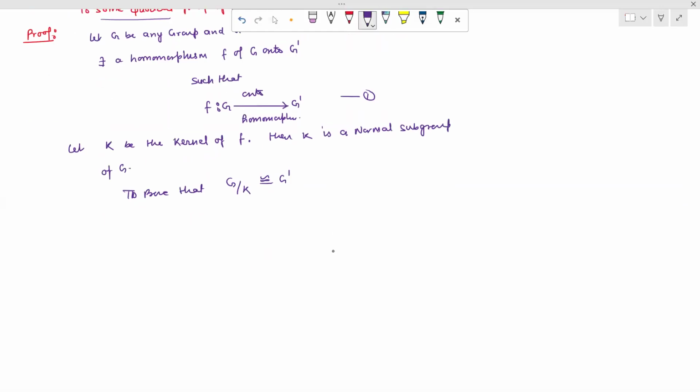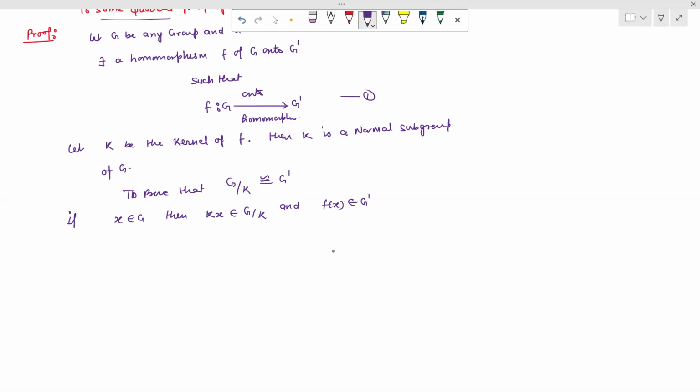Now we define this as: if x is an element of G, because G is a group, then we take Kx to be an element of G over K, and f(x) which belongs to G dash.